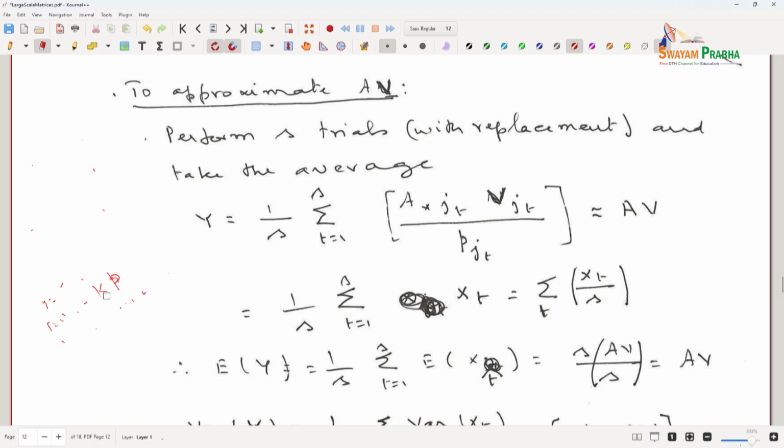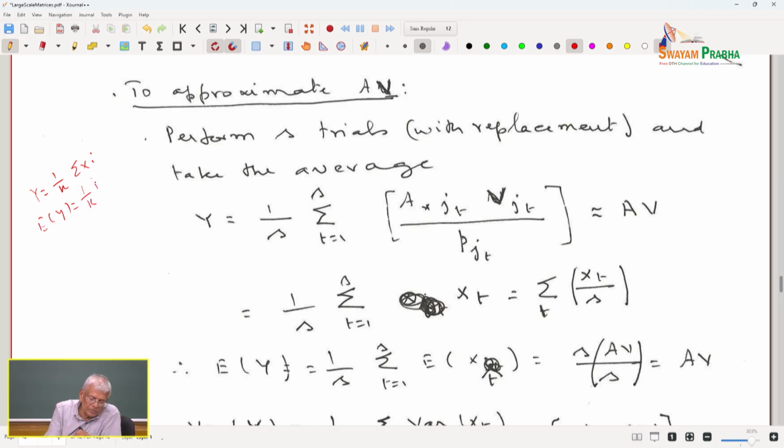So, if I am interested in estimating the probability of a coin falling heads, y is equal to 1 over k times the summation of xi. The expected value of y is equal to 1 over k times the summation of the expected values of xi. Each expected value is p. I am adding p k times, and kp times 1 over k is equal to p.